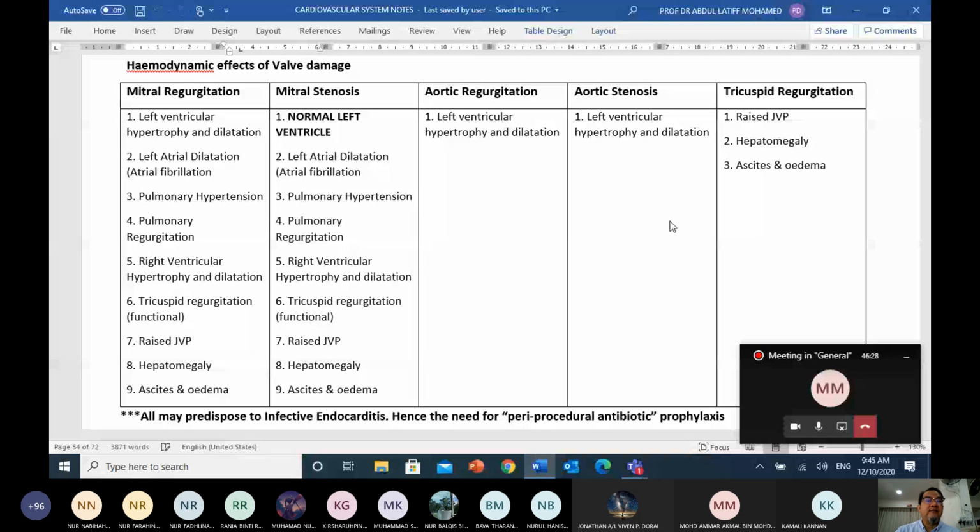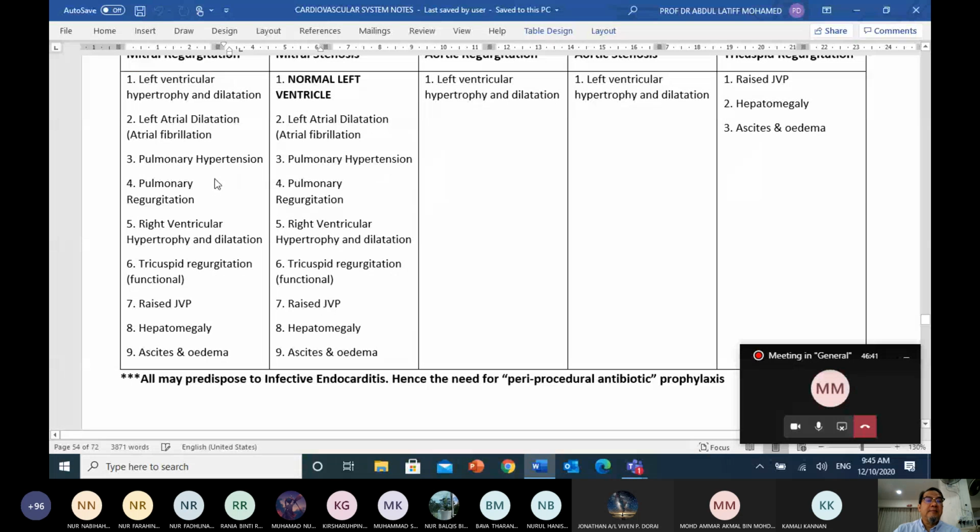Number 1, they can have left ventricular hypertrophy and dilatation, left atrial dilatation, and cause atrial fibrillation, and they will have pulmonary hypertension, pulmonary regurgitation, right ventricular hypertrophy and dilatation, tricuspid regurgitation, raised JVP, hepatomegaly, ascites, and edema.